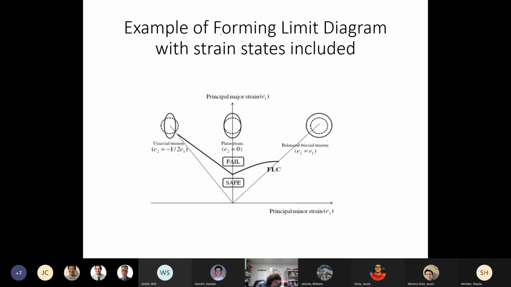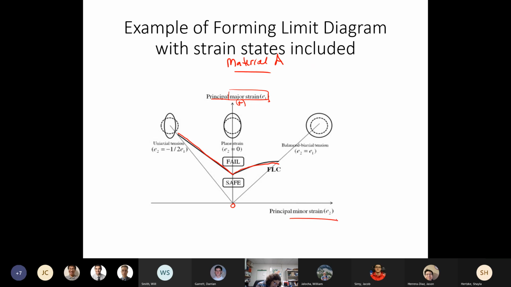Here we have our line. So this, let's say, is for material A. You'll notice that we have major strain, which goes from 0 to a positive number.